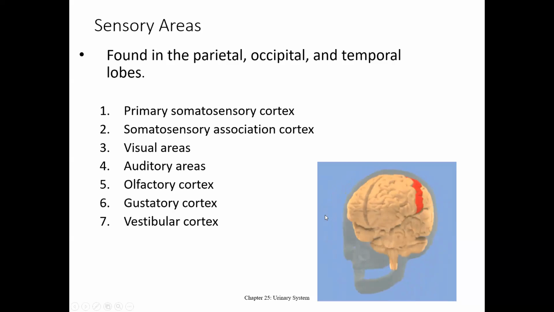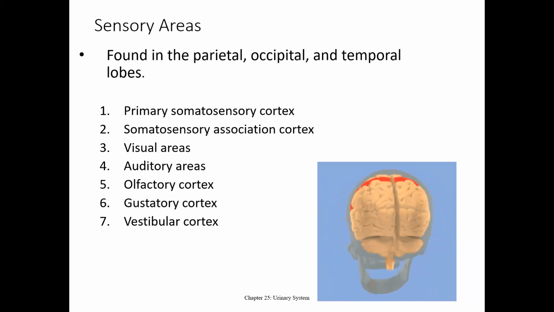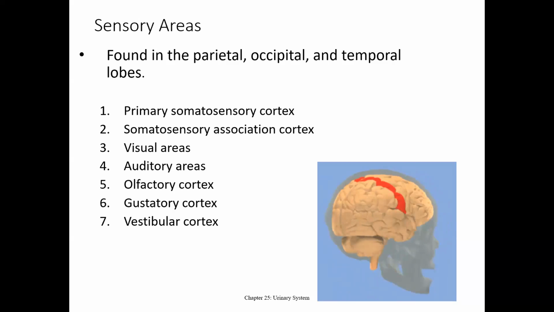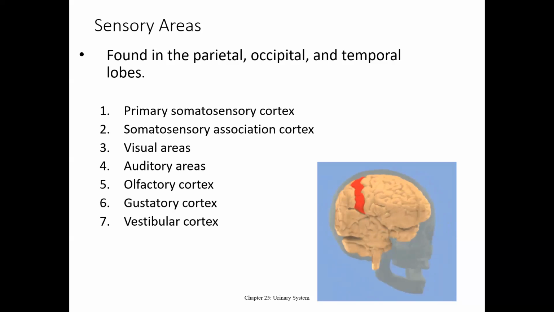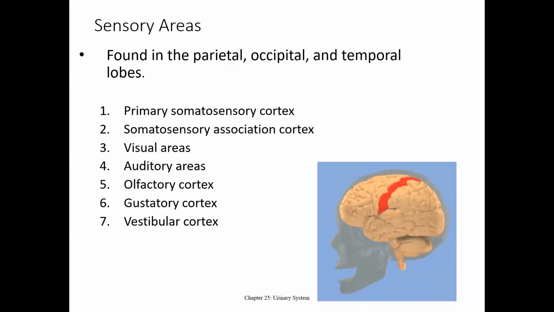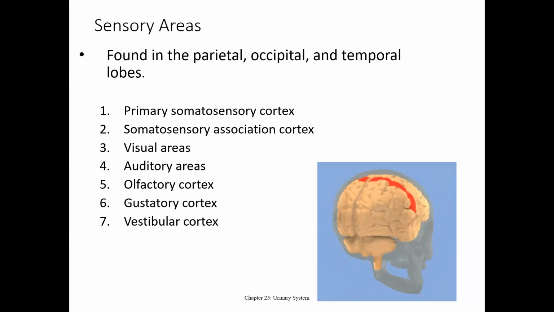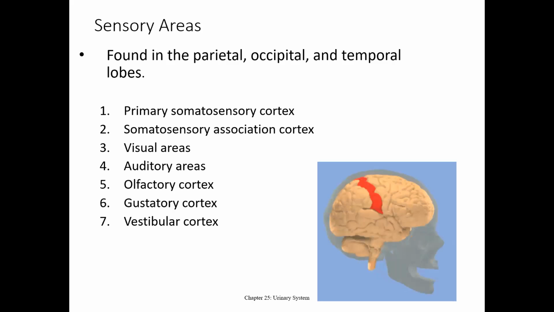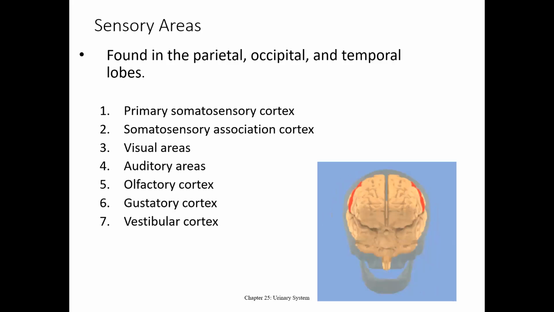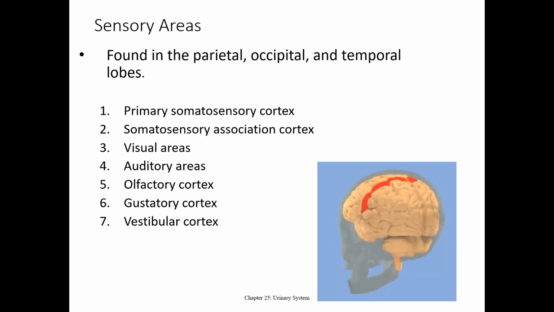That red area is known as the post-central gyrus, the ridge behind the central sulcus. And so we have 7 different sensory areas found in the parietal, occipital, and temporal lobes. We have the primary somatosensory cortex, which is actually what's showing up in that red area in the post-central gyrus.